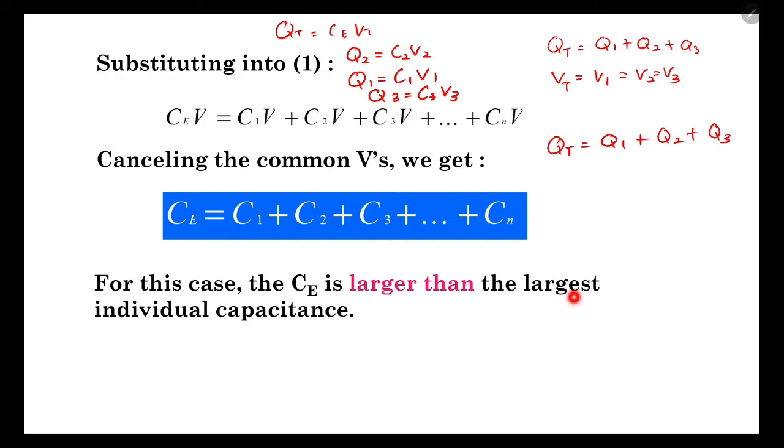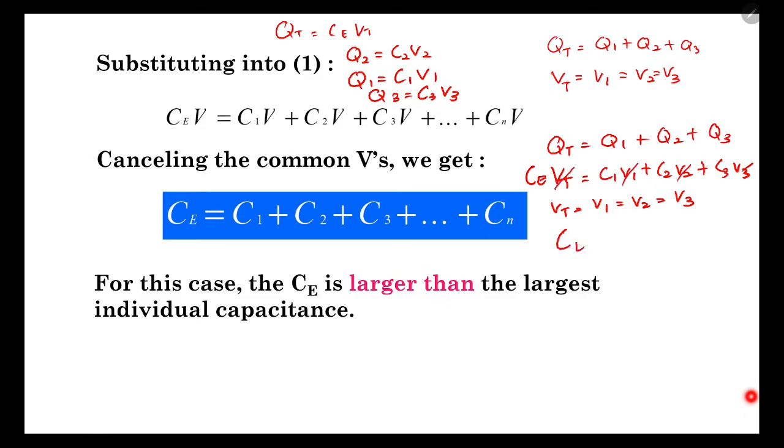So let's substitute it. C effective times V total equals C1 V1 plus C2 V2 plus C3 V3. We know that V total is equal to V1, equal to V2, and also equal to V3, so we can divide it.